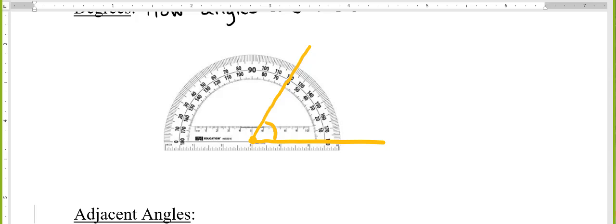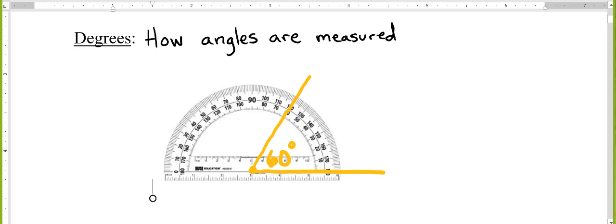I know y'all don't have that on your sheet, but if you look, here's 10 degrees, 20 degrees, 30 degrees, 40 degrees, 50 degrees. So this angle is a 60-degree angle. So again, we use degrees to measure angles, how big or how small an angle is.